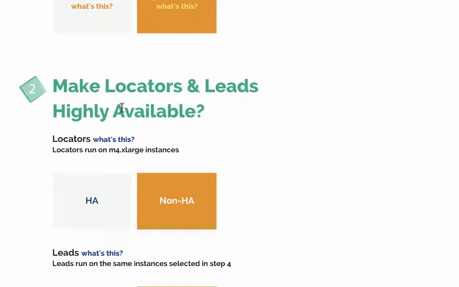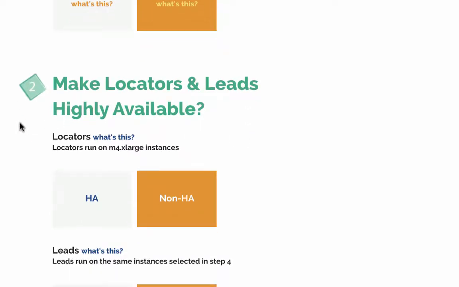The first thing you want to decide is whether or not you want to make locators and leads highly available. There are essentially three logical server types inside a SnappyData instance. There's the main data servers, which do all the heavy lifting, and then there's the locators and leads, which manage things like coordination and the Spark driver, for example.